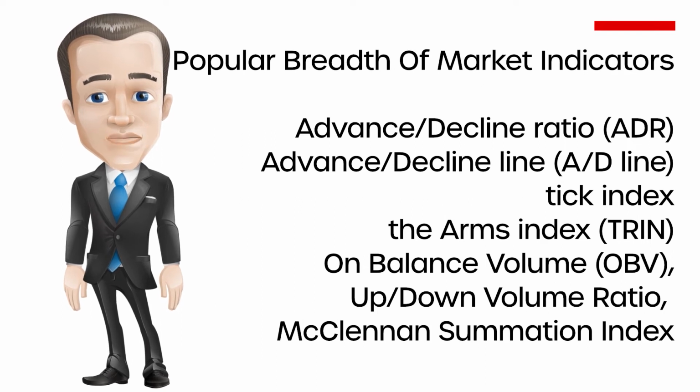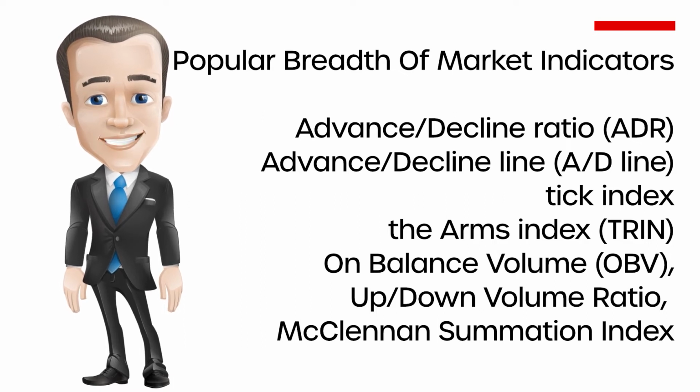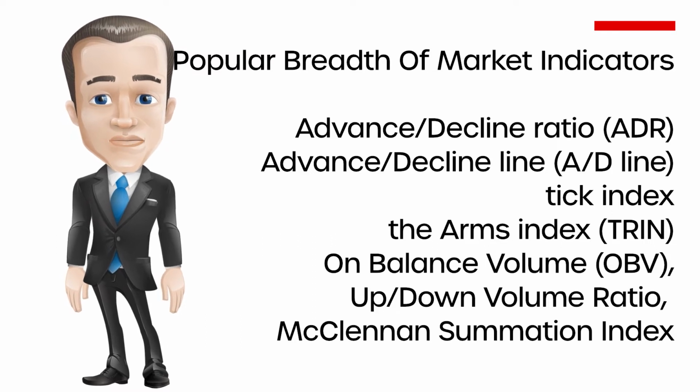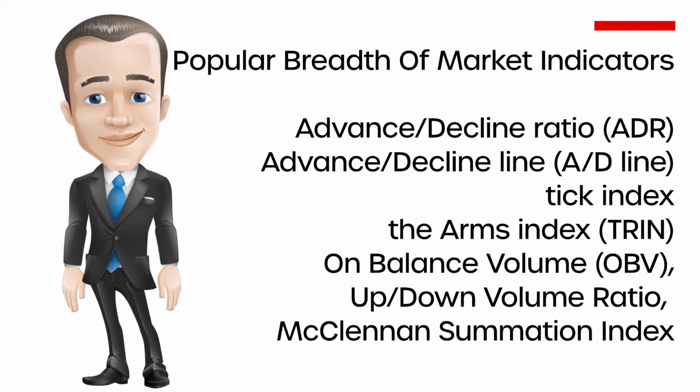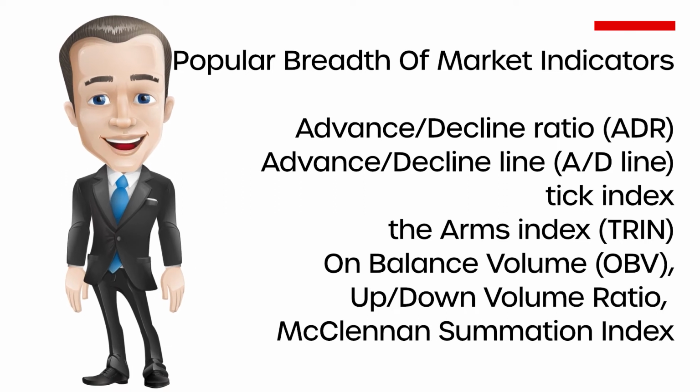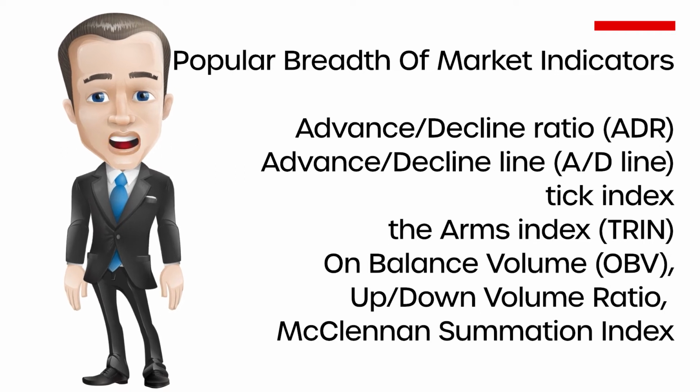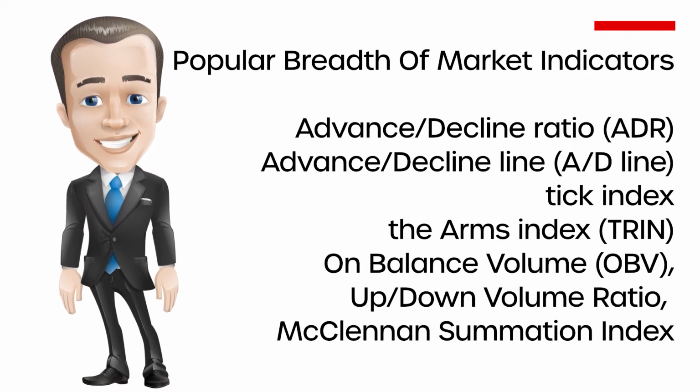Two popular market breadth methods include the advance-decline ratio, ADR, and the advance-decline line, AD line. The ADR compares the number of stocks that close higher against the number of stocks that close lower than the previous day's closing price. To calculate the advance-decline ratio, the number of advancing stocks is divided by the number of declining stocks. The advance-decline ratio is typically calculated daily.